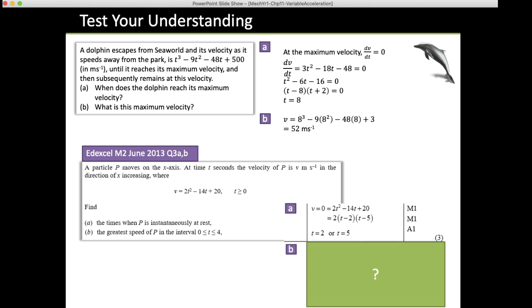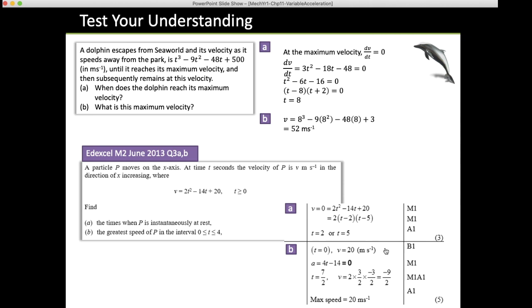And here it says, find the greatest speed of P in the interval between 0 and 4. Now to do this, it's worth sketching the graph. Okay, let's have a little look at this. So they have subbed in 0 and got velocity is equal to 20. That makes sense.